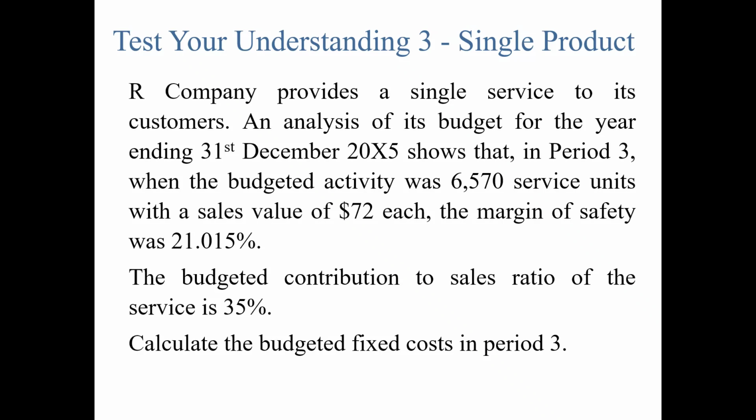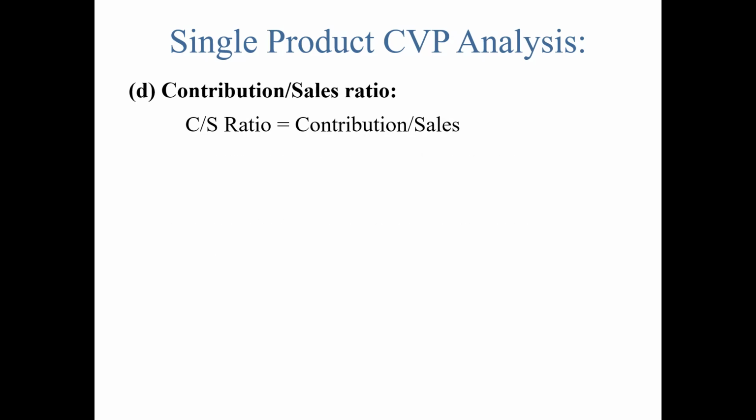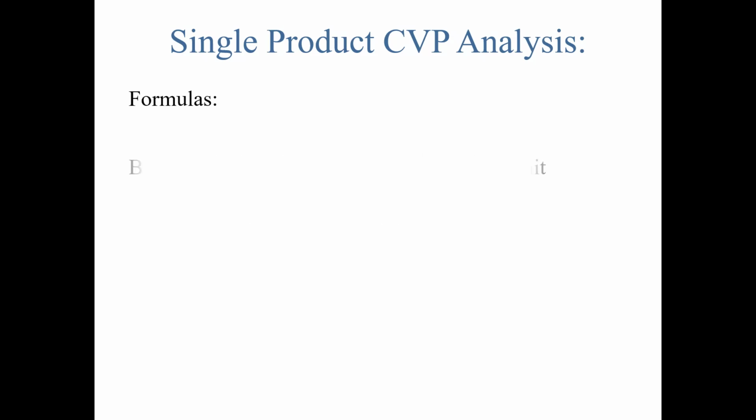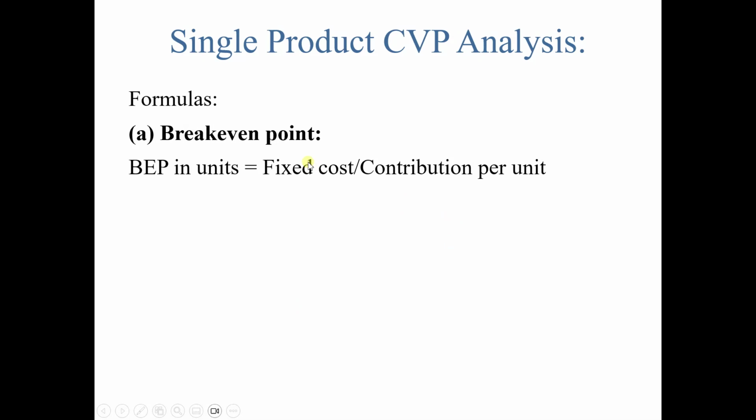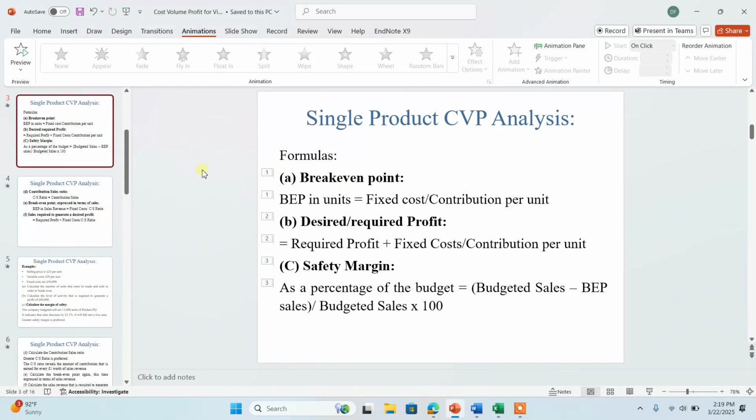Now, the problem in this question is that you cannot find the fixed cost directly. For example, if I want to calculate the fixed cost, I need the data of the break even point. I need the data of the contribution per unit, meaning the sales price minus variable cost.